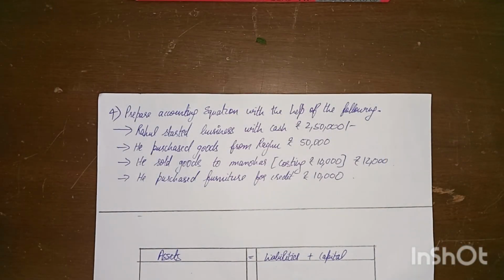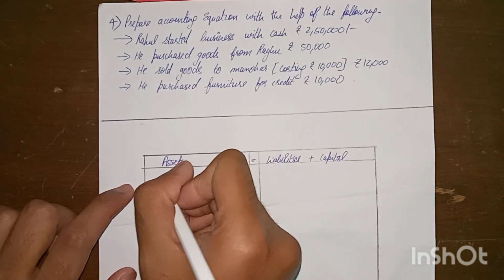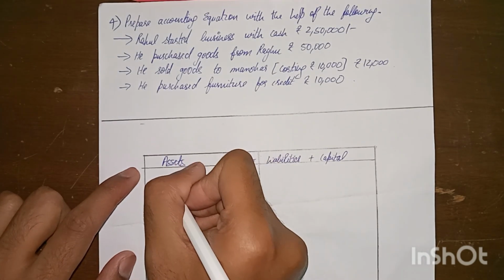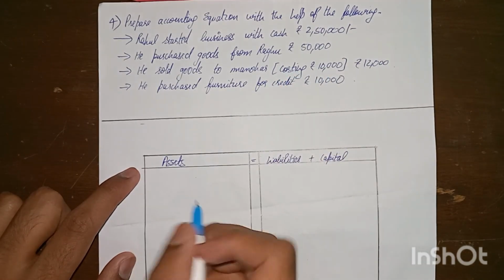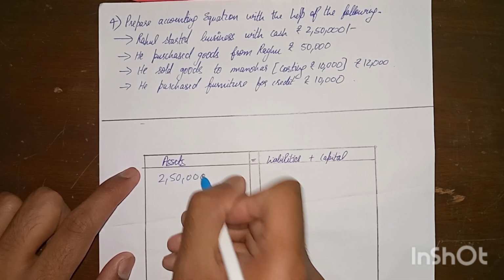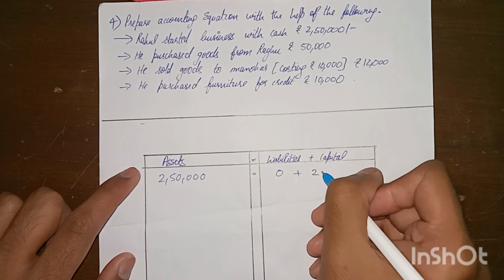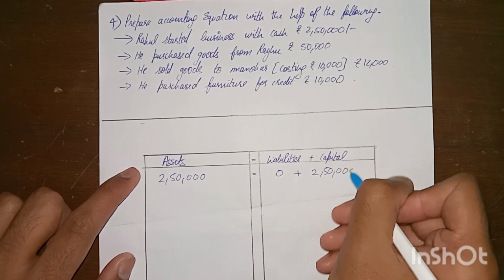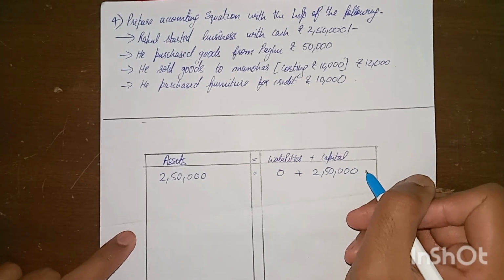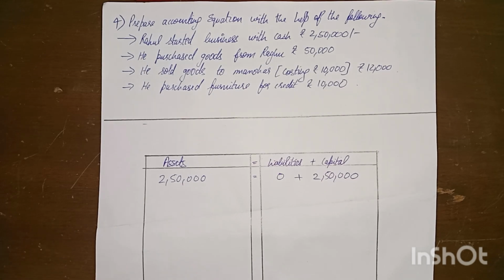The next question, prepare accounting equation with the help of the following. Rahul started business with cash. Okay, he started business with cash 2,50,000. We'll write here 2,50,000 is equal to liability 0, capital 2,50,000. Okay, he purchased goods from Raghu worth rupees 50,000.